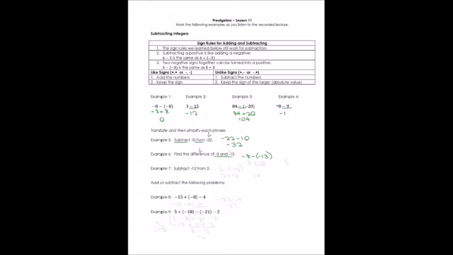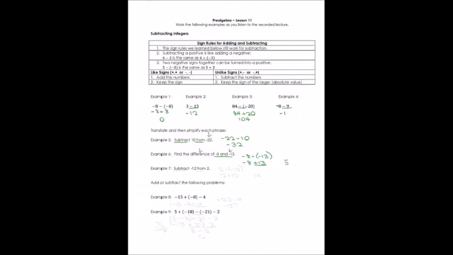The negative 13 is really the value of the negative 13. So when I say negative 8 minus negative 13, I'm really saying negative 8 plus 13. Those have opposite signs, so I will subtract them. I will say 13 minus 8 gives me a 5, and I'll keep the sign of the larger one. 13 is larger, so it's a positive 5.